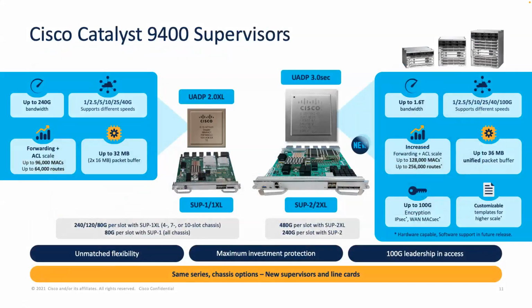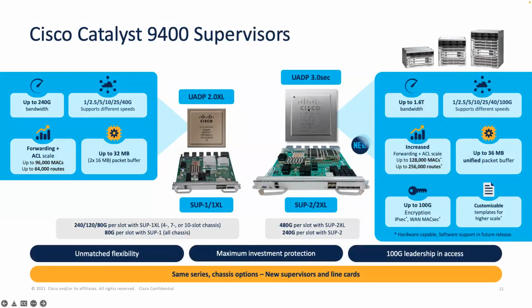At this point, the 9400 has 4 types of supervisors in 2 generations. The first generation consists of the Super 1 and the Super 1 XL. They are powered by the Cisco ASIC UADP 2.0 XL.